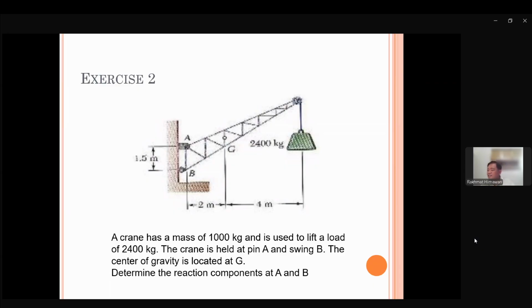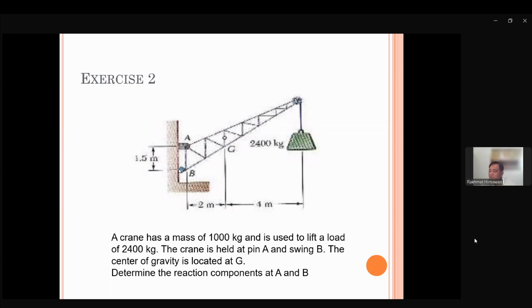So first, we always need to draw the free body diagram. What should we draw? The most important points.